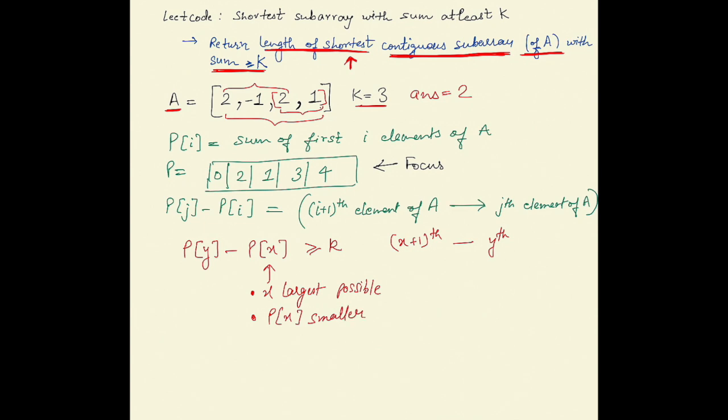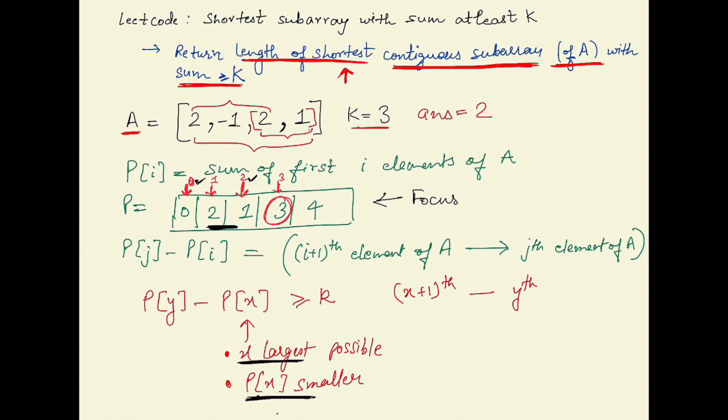For example, let's consider this element 3. I have marked the indices of the array P here, and we are focusing on the value 3. We have to find all the x in array P so that P[y] minus P[x] is greater than or equal to k, and we can only find one such x, which is x equal to 0.